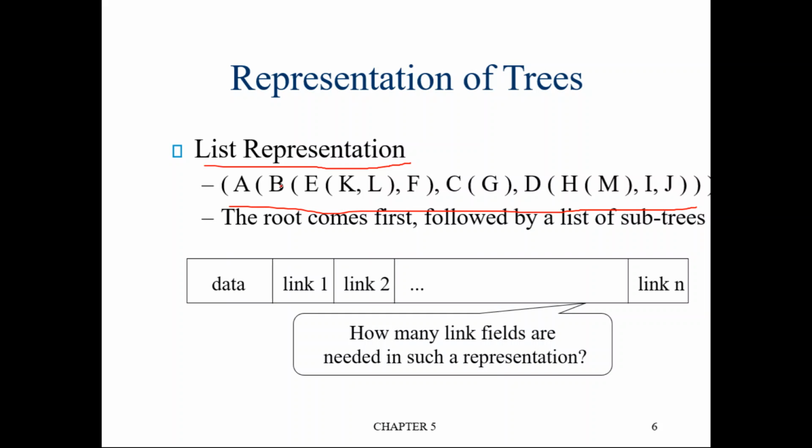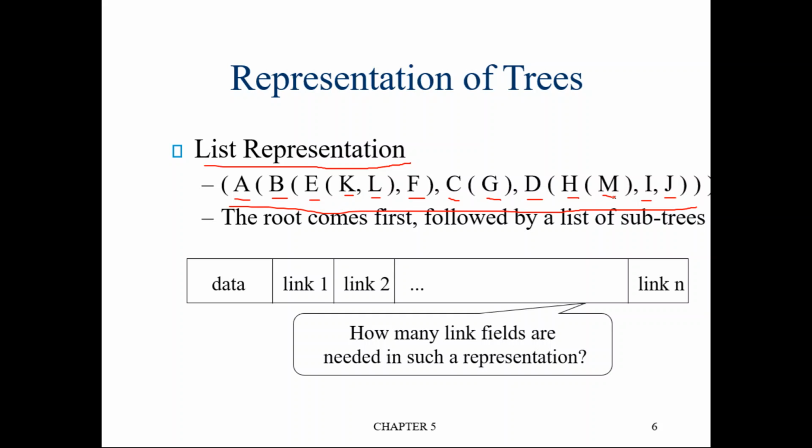It means that the node A has three children, B, C, and D. And B has two children, E and F. And E has two children, K and L. And C has one child, G. And D has three children, H, I, and J. And H has one child, M. That's the meaning of this.